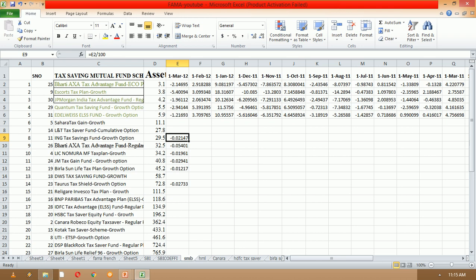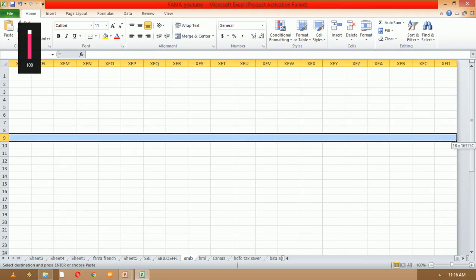So that's why I have done this: equal to the return value divided by 100. It gives the values, not in percentage. You just click and drag it, or you just copy it and paste it.